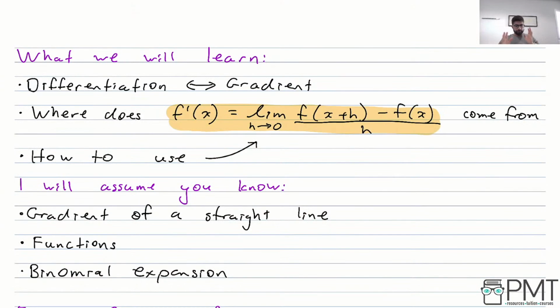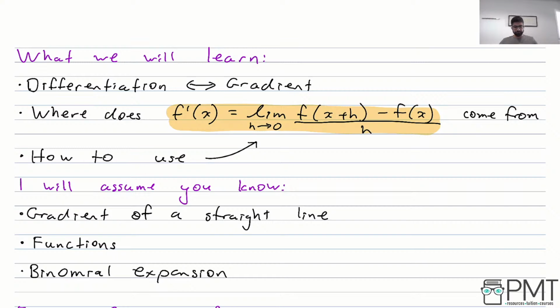If you have done differentiation before, you would know that we can use it to find gradients of a function. So we'll talk about the relation between gradients and differentiating, and why we can find the gradient by differentiation. Then we'll see where this formula comes from.